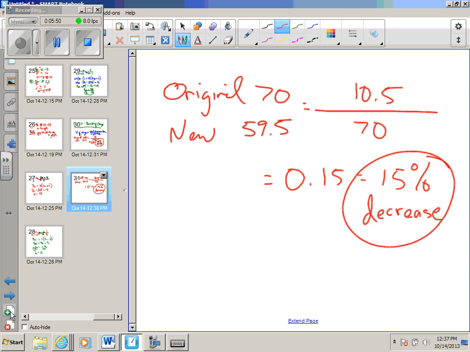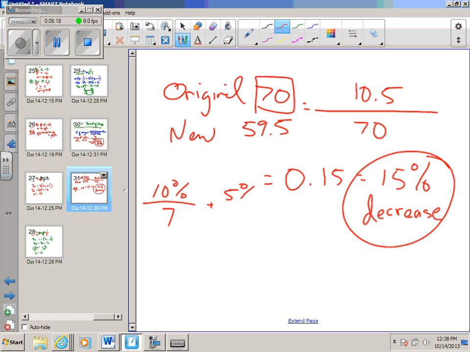How's that make sense? When else have we talked about 15%? In what context? Tips, right? Remember that? So if we take a look at our original, what's 10% of 70? 7, right? 10% of 70 is 7.